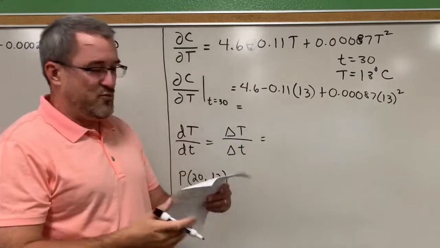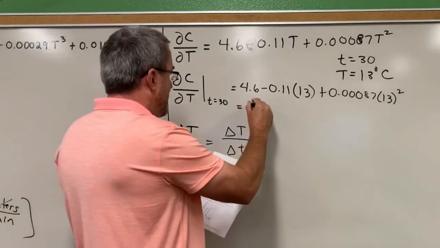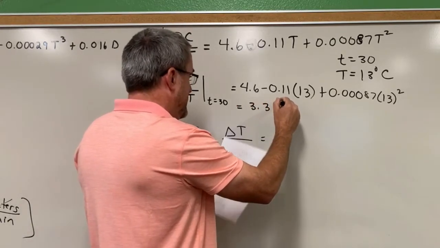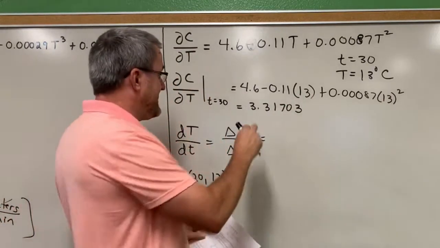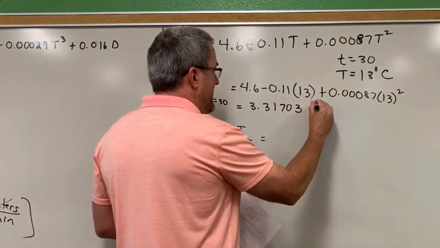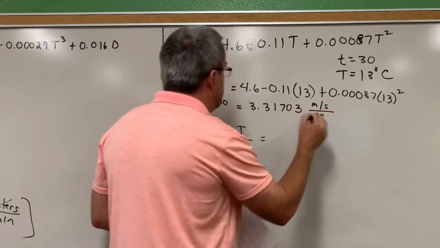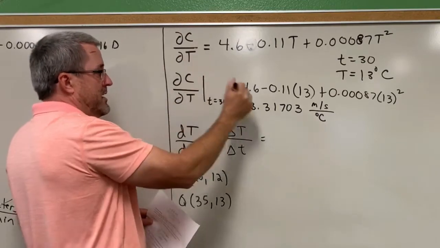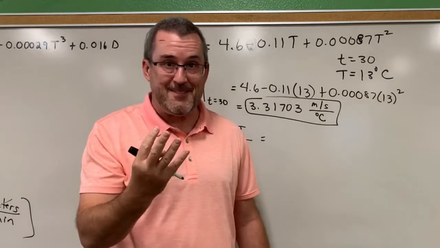And if you run all those numbers, please do, you will get about 3.31703. Now remember, from our unit analysis, the units on this are meters per second per degree Celsius. Meters per second per degree Celsius. All right, keep that in mind. That's the first of the four that we need.